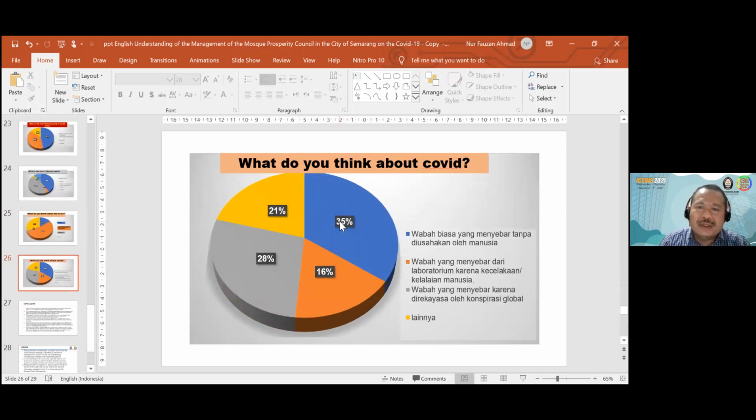What do they think about COVID? In responding to the COVID-19 pandemic, the majority of respondents followed the rules recommended by doctors, the government, and Majlis Ulama, such as staying at home, working at home, wearing masks, and always washing hands with soap and sanitizer.